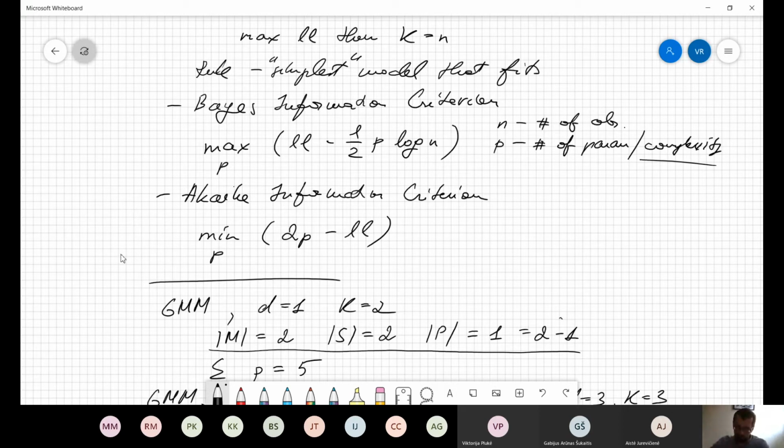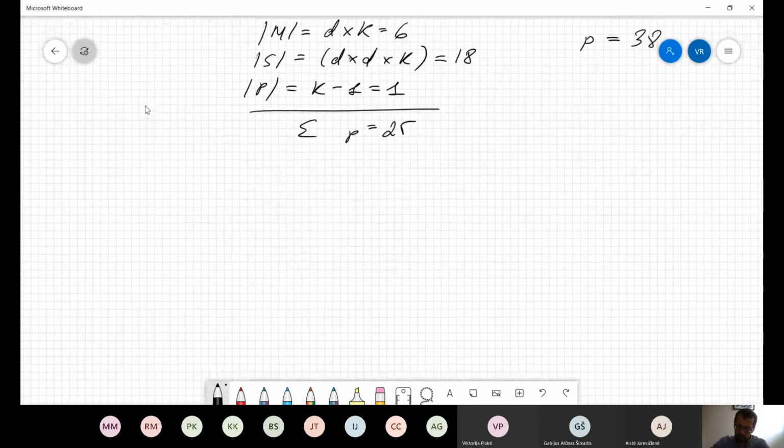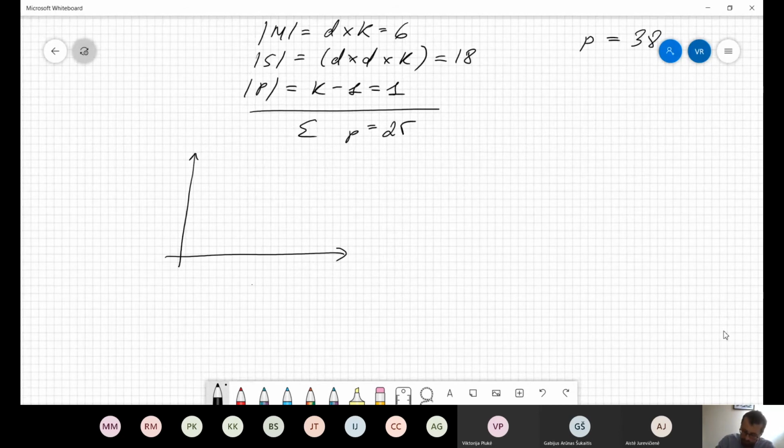So basically, you can see that, for instance, if we draw a graph, and for instance, we have the P here. We can have 5, we can have something like 25, like we had here, right? And 38, for instance, right? This is not in the correct scale.